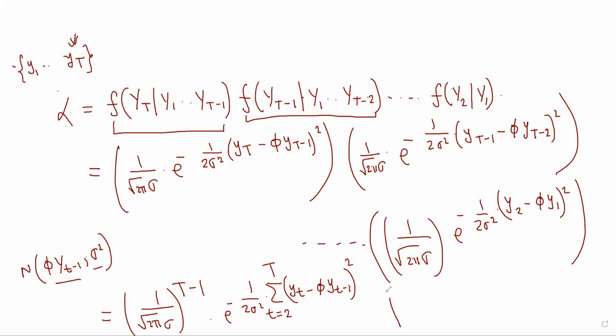Then you maximize this likelihood with respect to what? Phi and sigma. These are your two parameters.